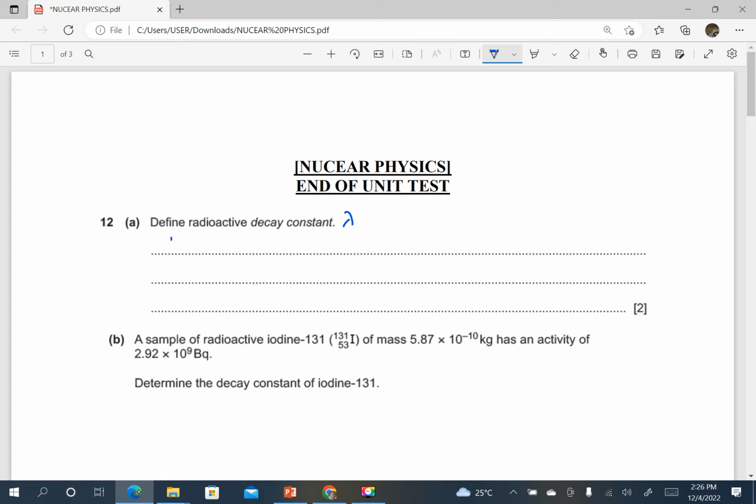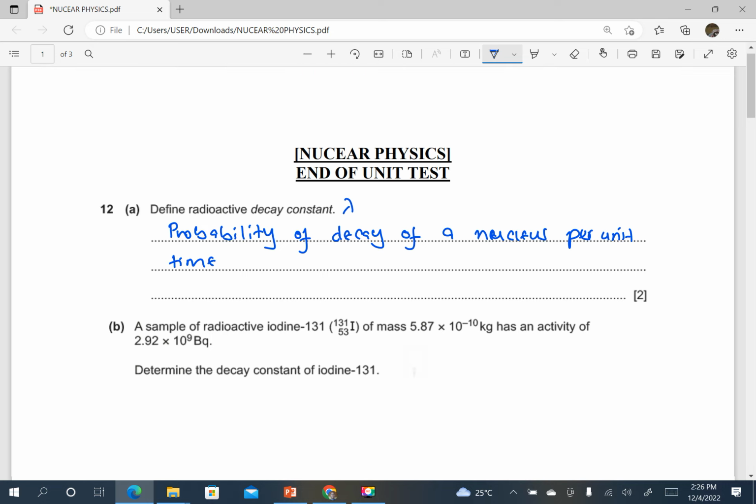We know that this is the probability of decay of a nucleus per unit time. That is a decay constant.